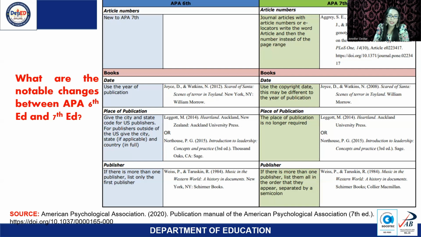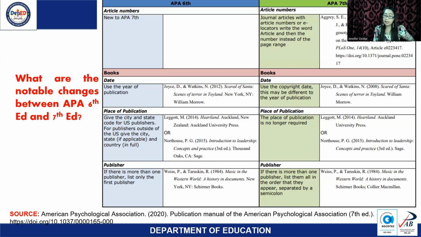Place of publication: give the city and state code for US publishers, and for publishers outside of the US, give the city, if applicable. But you can also include the country in full. Ligot M 2014, Heartland, Auckland, New Zealand, Auckland University Press. There's an alternative.